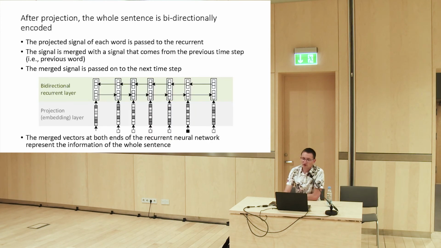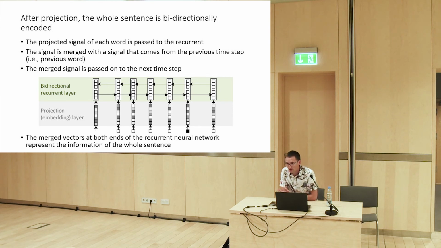So imagine it like this. We have an embedding for the first word, so a vector for the first word. We pass the signal of the first word to the recurrent layer. The signal is processed, so the neural network decides whether to emit a new signal to the next layer, and it does so. It emits a signal to the right here, to the next time step.